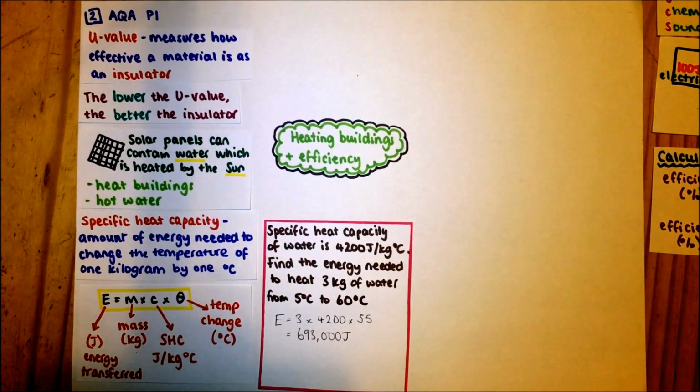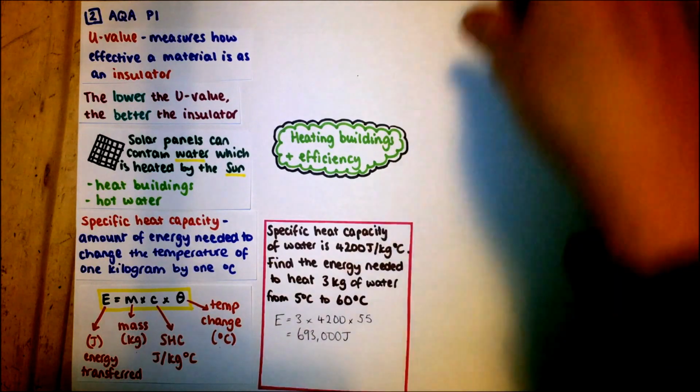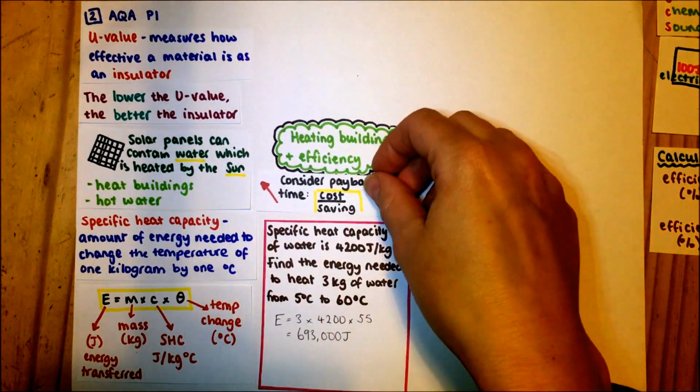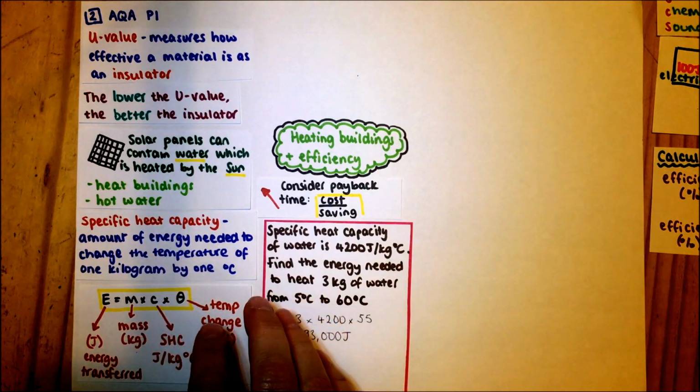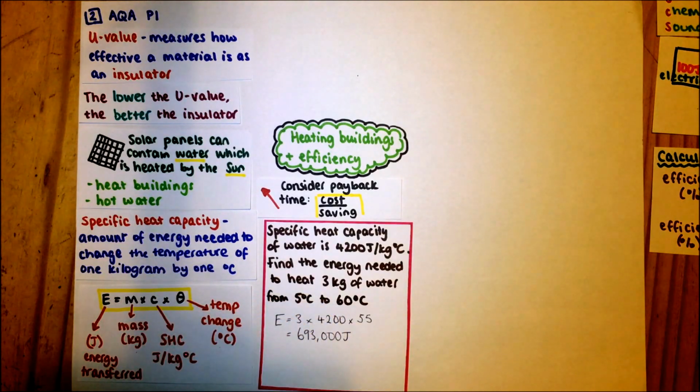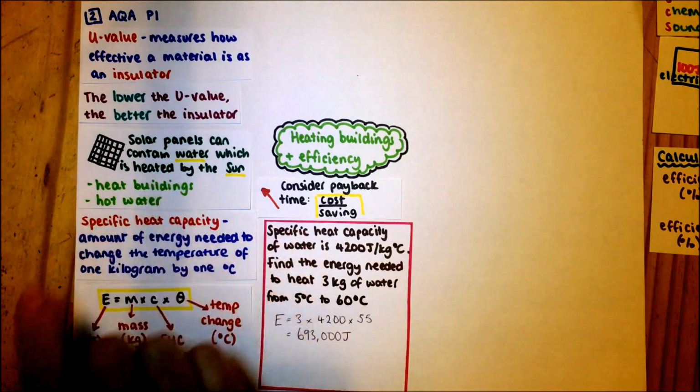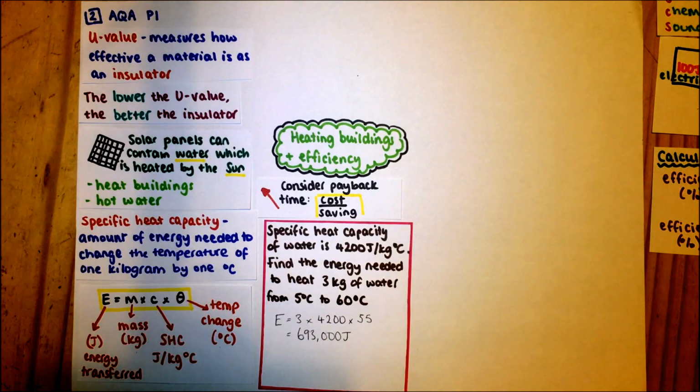Okay, but obviously thinking about energy transfer, the amount of energy you're getting out of different appliances in the house, it's worth noting that we might need to consider payback in some of these questions that are talking about solar panels or triple glazing, linked in with maybe some specific heat capacity calculations. Just bear in mind that solar panels, triple glazing, etc. is expensive. It's expensive for the client to put it in.